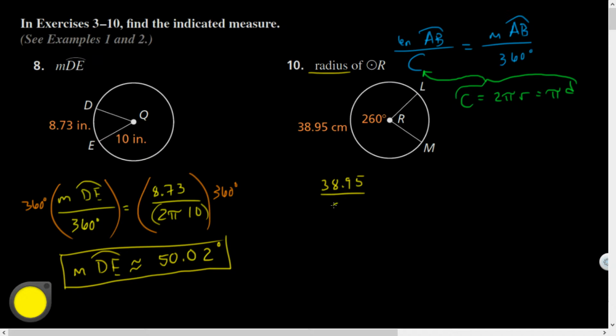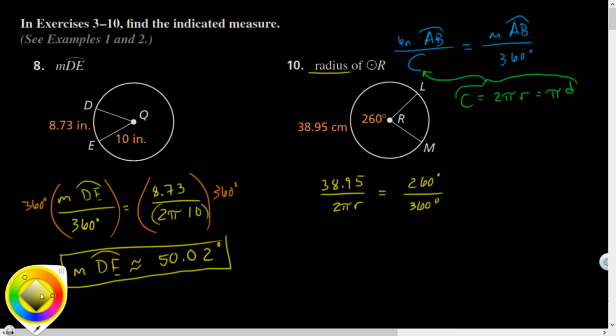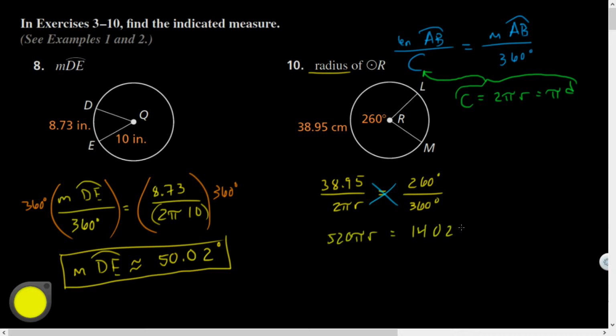So I'm going to say 38.95 over 2 pi is going to equal 260 divided by 360. So let's try cross multiplying this time. 260 times 2 pi is going to be 520 pi r, and 38.95 times 360 is 14022.